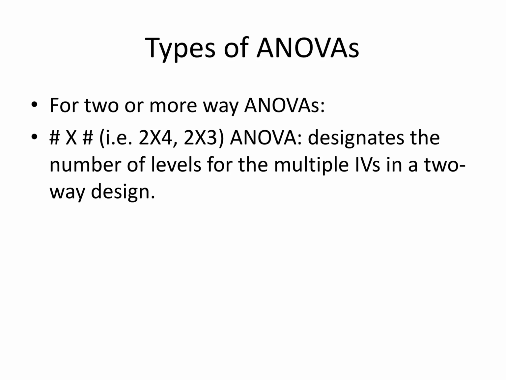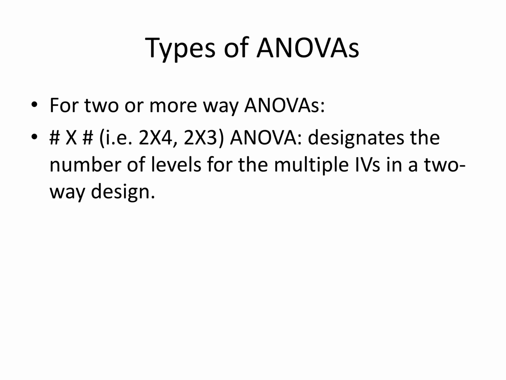So back to how do I describe ANOVA the best way? If it's a 1-way design, you can just say a between subjects ANOVA, because that tells me that it's between subjects only. If you have a multi-way design, so 2 or more, we're going to use this kind of number by number denotation.